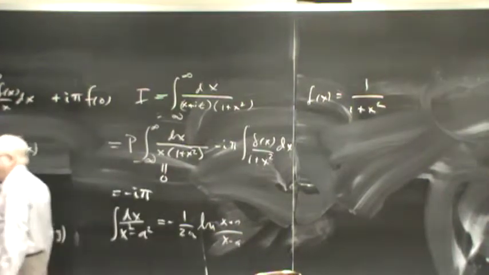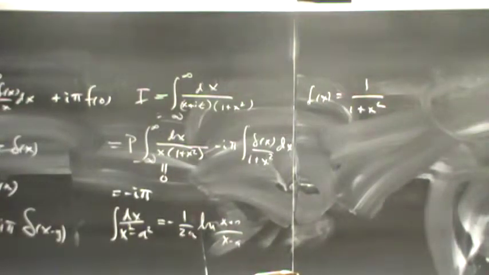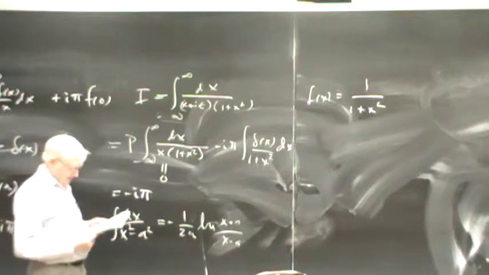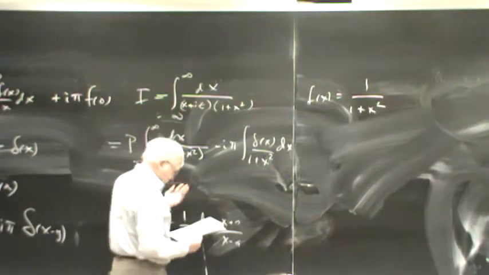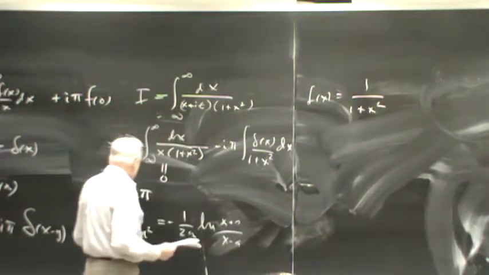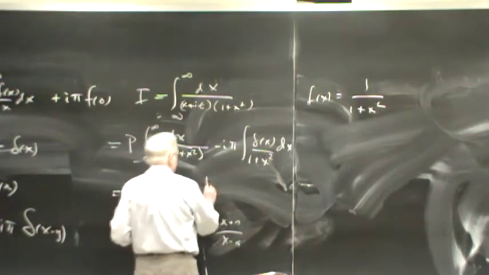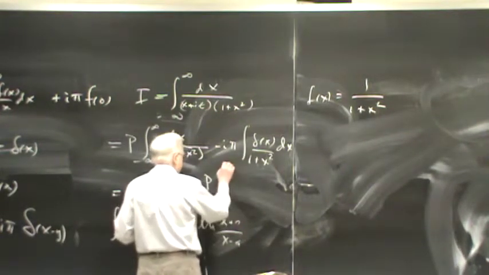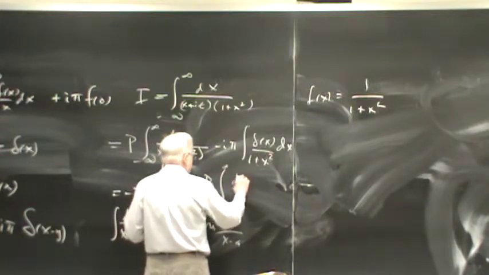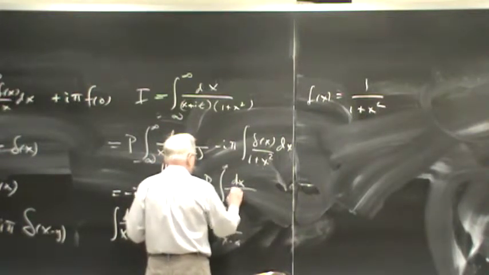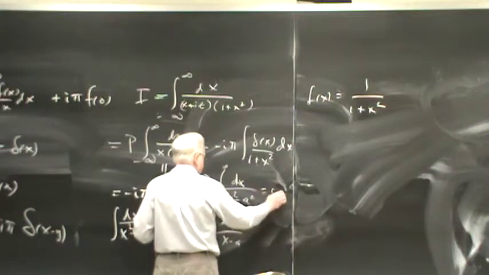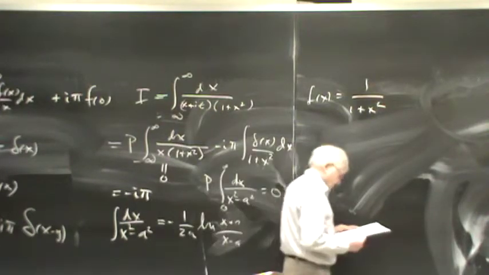You can verify that by realizing that the log of a ratio is the difference of the logs and differentiating each one. And so there's an exercise to show that the principal part integral from 0 to infinity of dx over x squared minus a squared is 0.